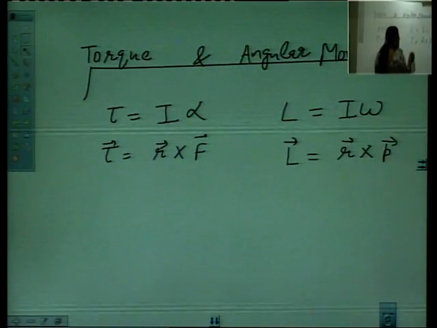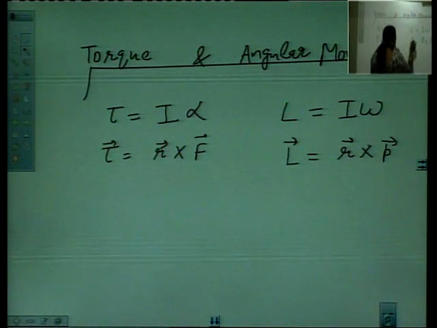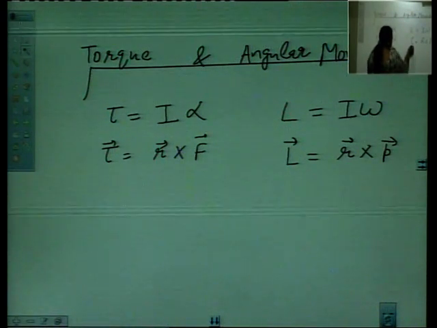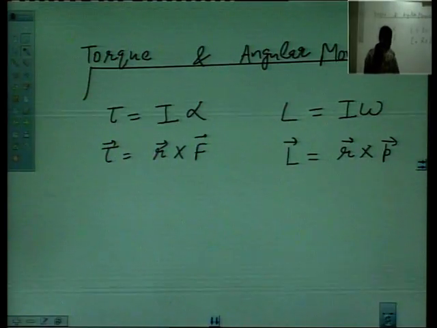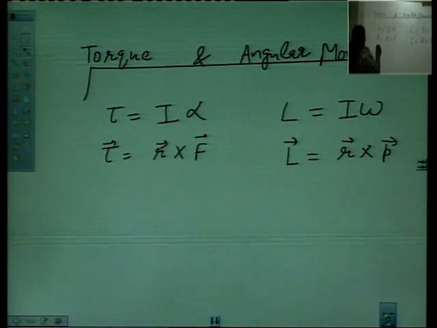P vector is the linear momentum in case of linear motion, whereas L vector is the angular momentum for the rotational motion.